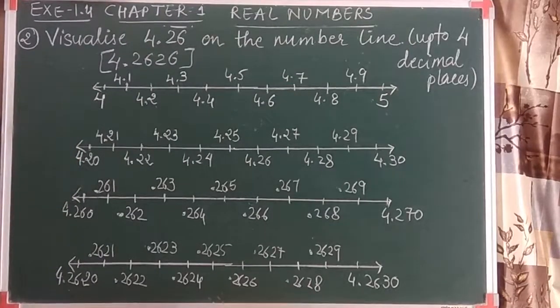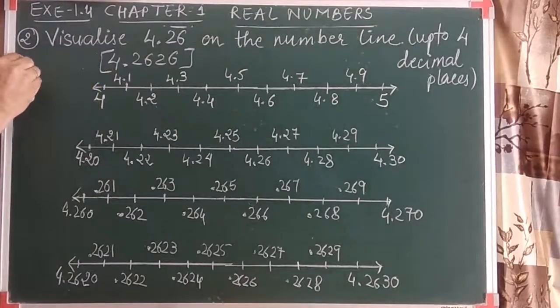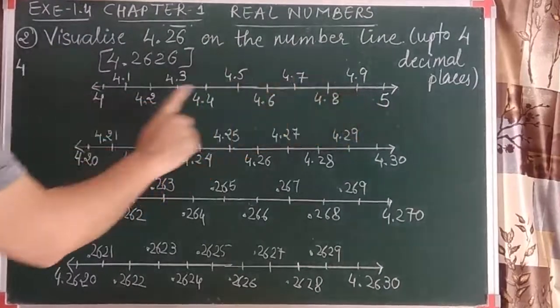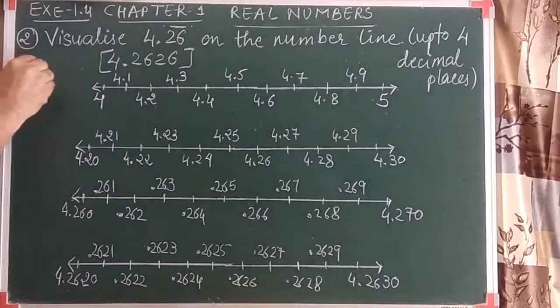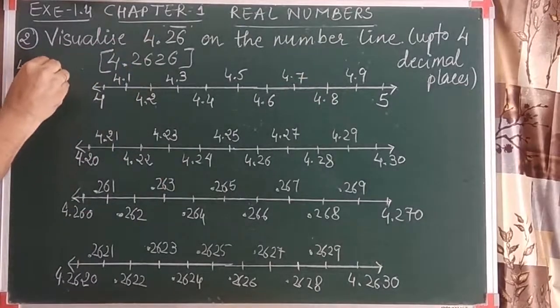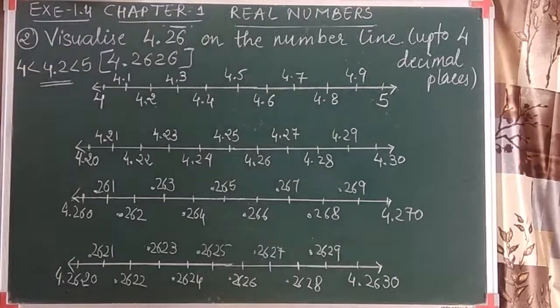As the integer part is 4, it must lie between 4 and 5. There must be 10 divisions between those two numbers. The first digit is 2, so we have to find where 4.2 is.